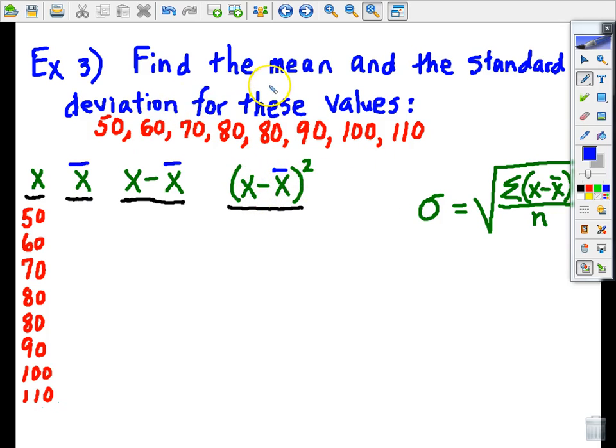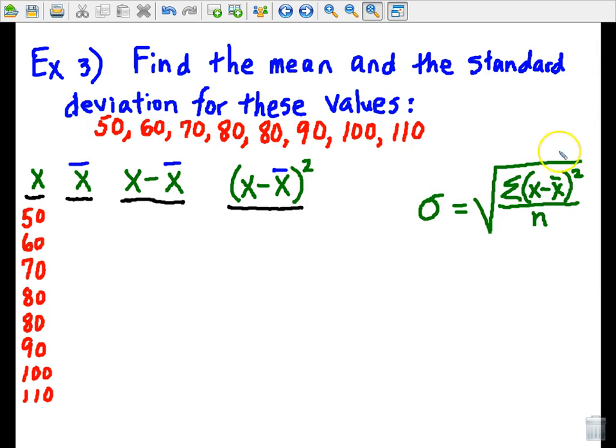I'm going to walk you through a process, and I want you to use this same method, working our way to the right, so that we can eventually get to this standard deviation formula.